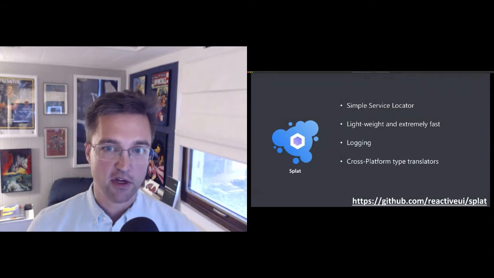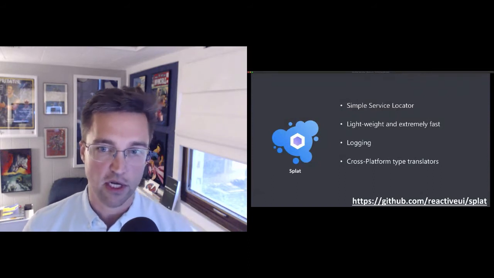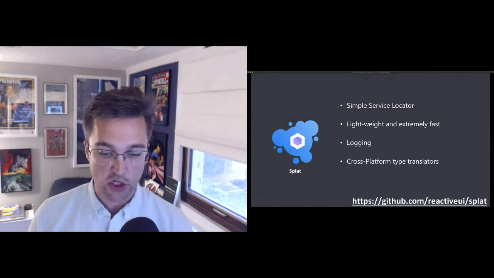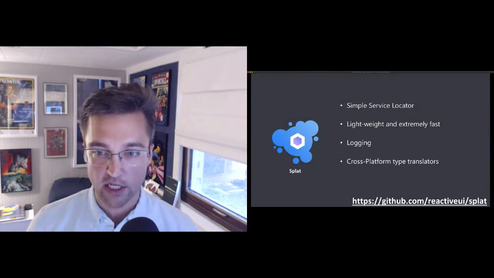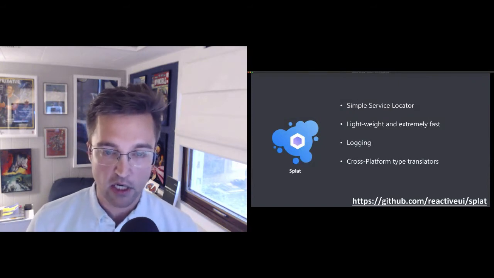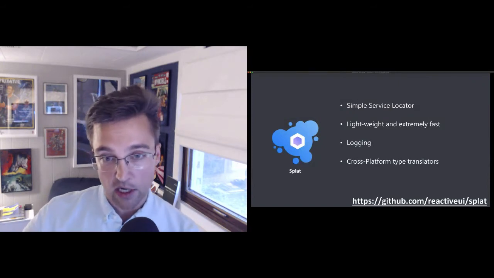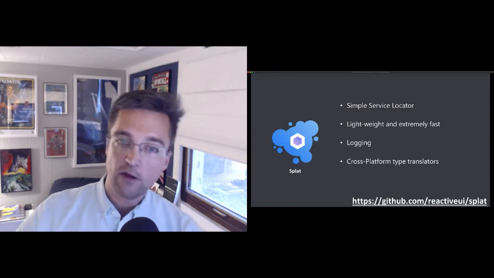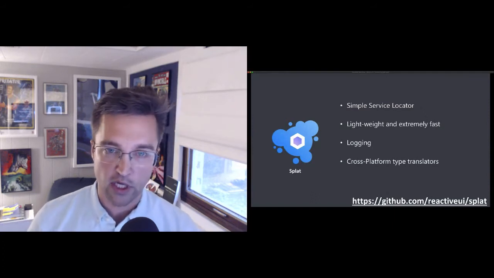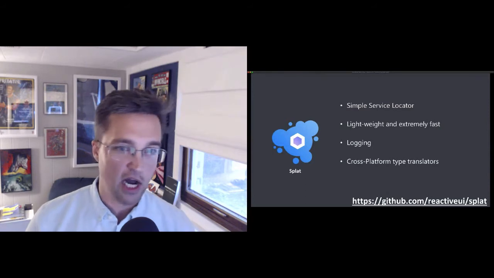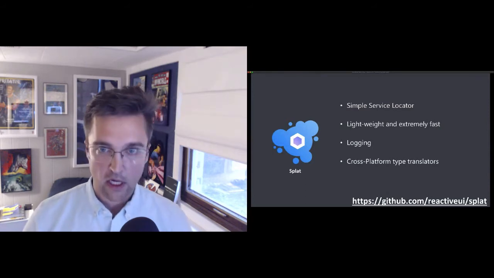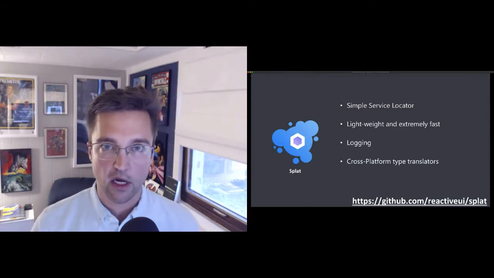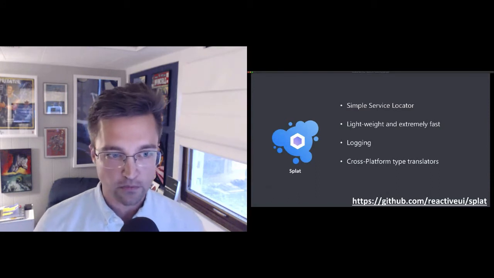It's really a nice, lightweight service locator. It was built essentially to be fast, right? So the idea here is let's locate our implementations for interfaces really quickly so that we can get those up and running in our app as fast as possible. So it's geared towards being lightweight and well built for mobile.